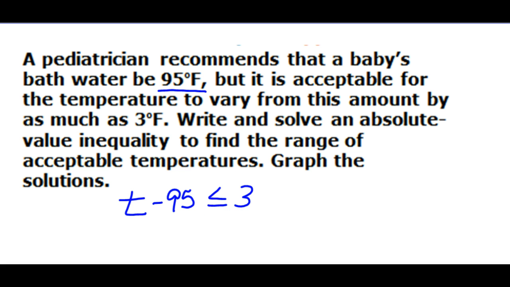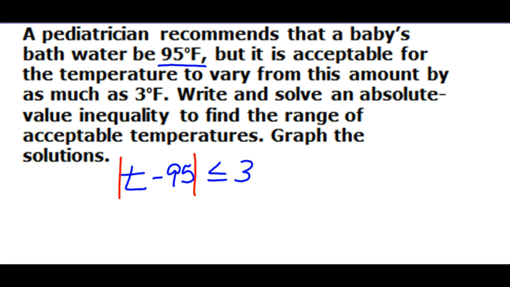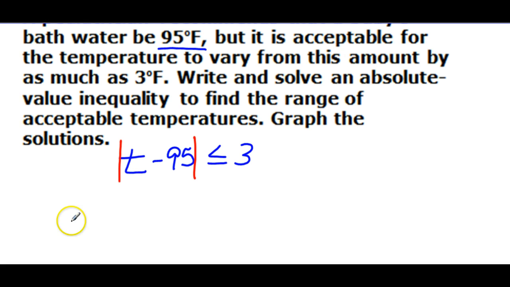Now, what makes this an absolute value is I have to be able to show that it can either be positive 3, like 3 degrees over, or 3 degrees under, but I don't want that to affect my outcome, so I put that inside the absolute value. Okay? And then you just solve it.